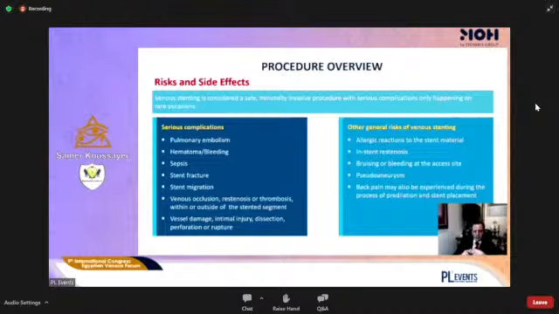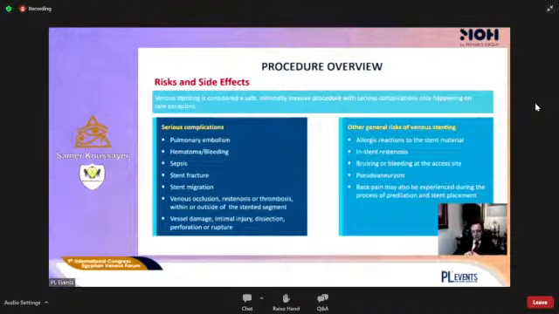Hematoma, bleeding, sepsis, stent fracture, stent migration if you undersize, venous occlusion, restenosis or thrombosis risk, within or outside of the stent segment, vessel wall damage, intimal injury, dissection, perforation, or rupture.